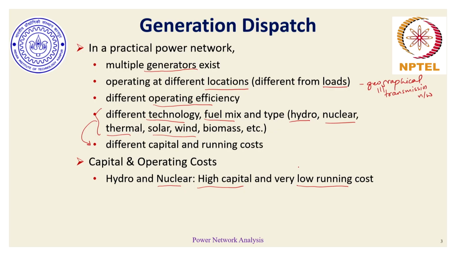There's another reason why nuclear power plants tend to have low running cost: most nuclear power plants, even in India, operate as base power plants. That means their power generation output doesn't change. Once commissioned, nuclear power plants usually generate the same quantum of power under steady state conditions throughout their lifetime.